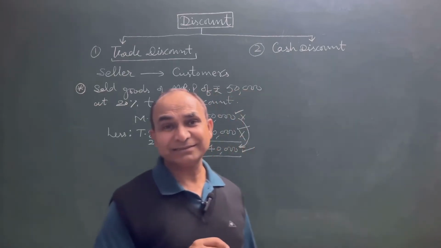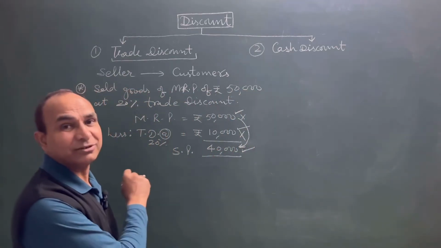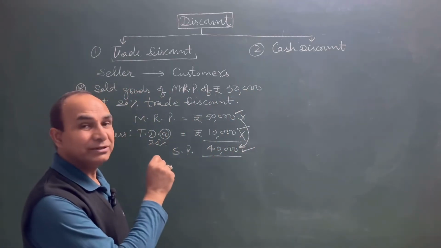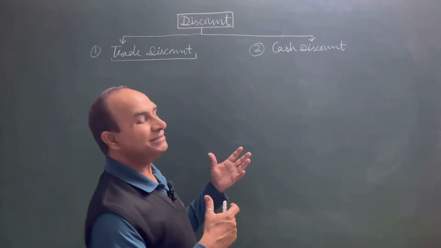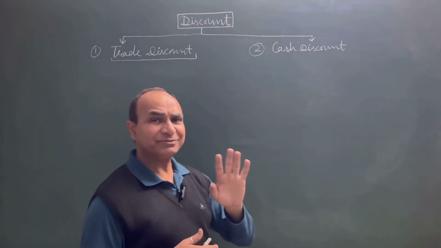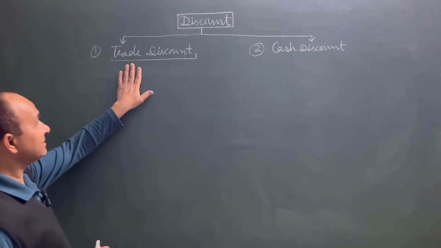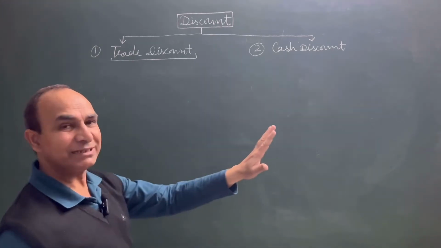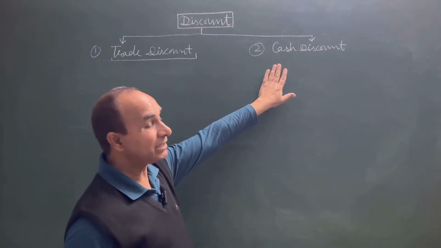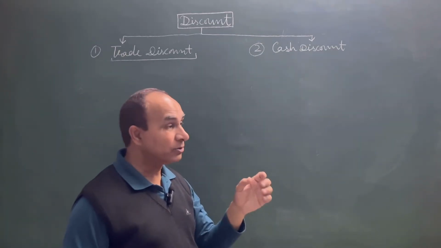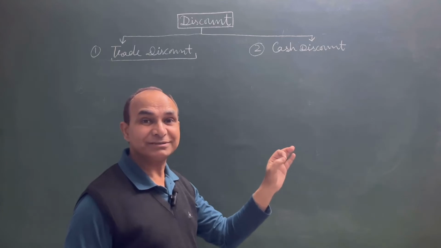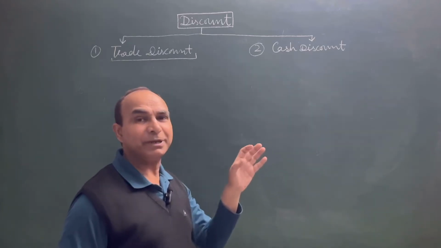Now let's discuss cash discount and its effect in accounts. Students, cash discount is very much different from trade discount. Whereas trade discount is allowed to promote the sale, cash discount is allowed to encourage the customers to make quick payment.